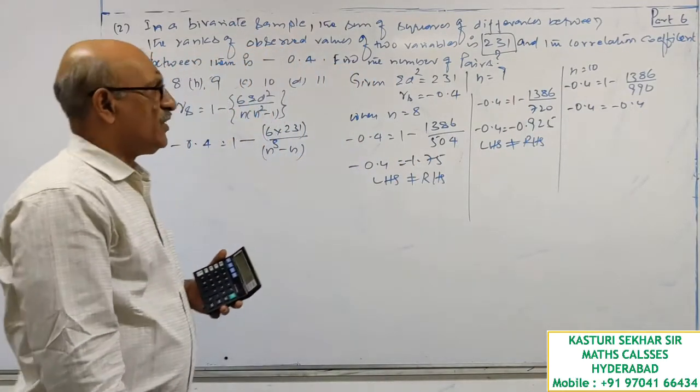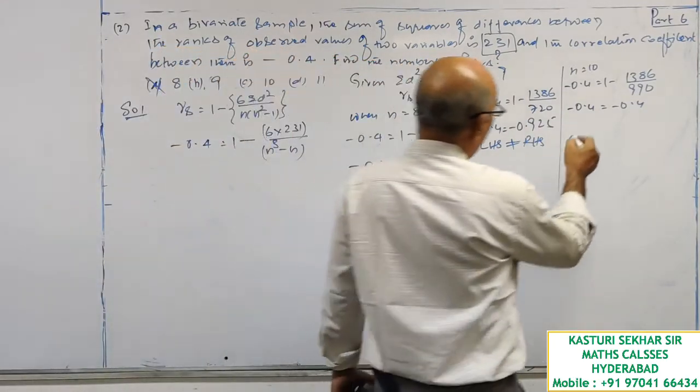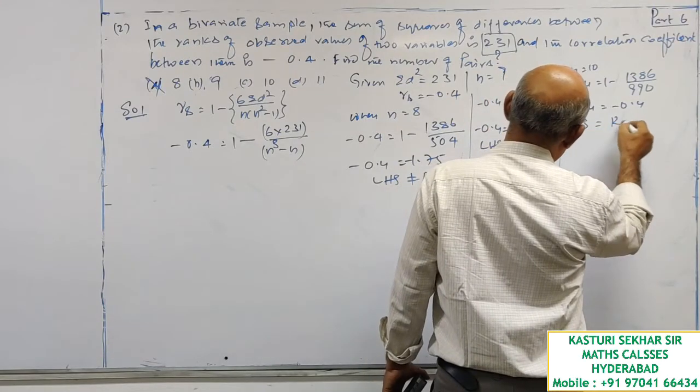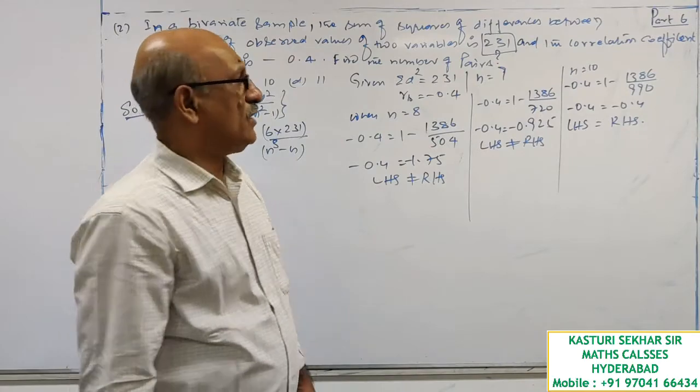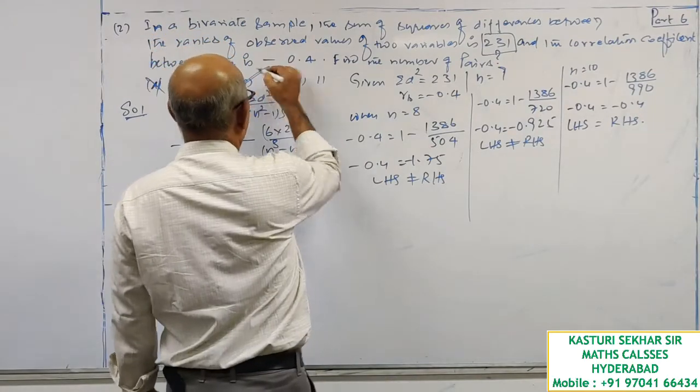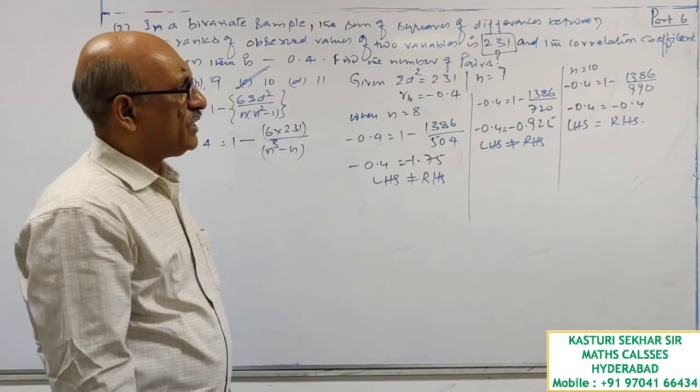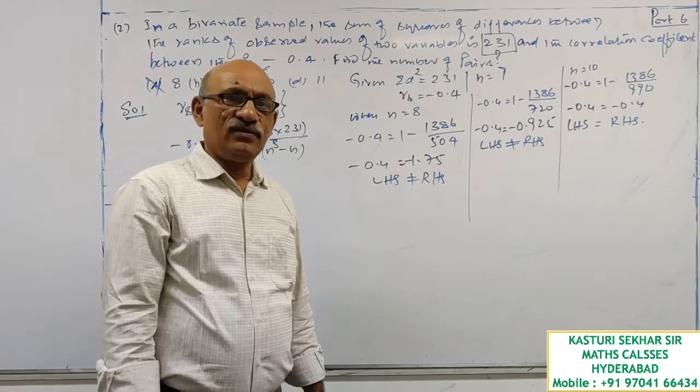So in this case, LHS equals RHS. For n is equal to 10, LHS equals RHS. So n is equal to 10 is the answer to the given question.